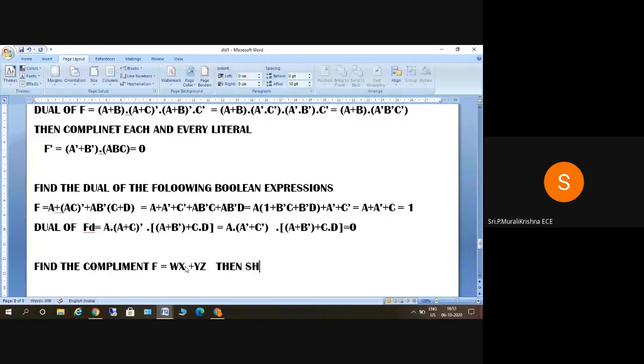Then this is your assignment: f into f bar is equal to 0, and f plus f bar is equal to 1. So prove this.